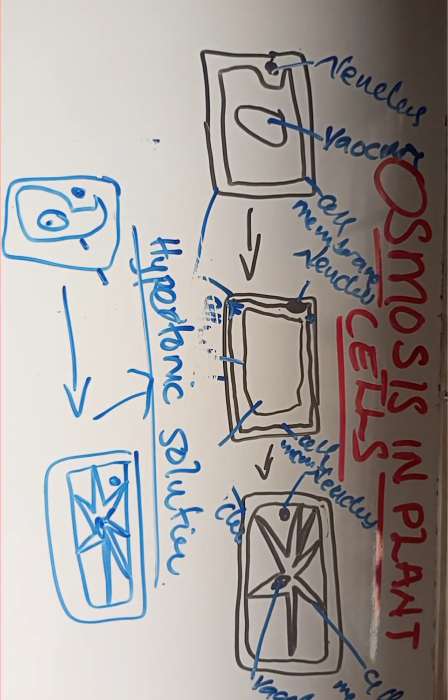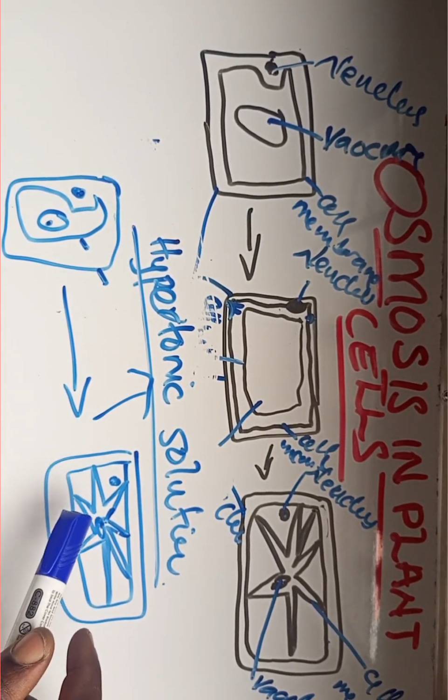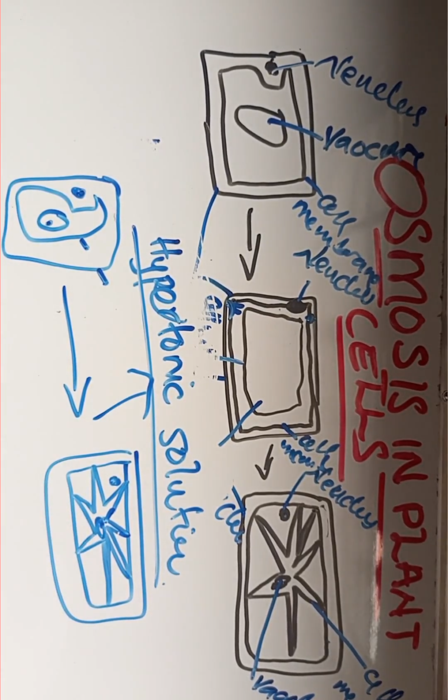So here what happens is that when this cell is placed in a hypertonic solution, the water will go outside the cell, meaning this cell membrane will shrink, coming together to attach itself, but it will not do that because it has a line where it belongs.